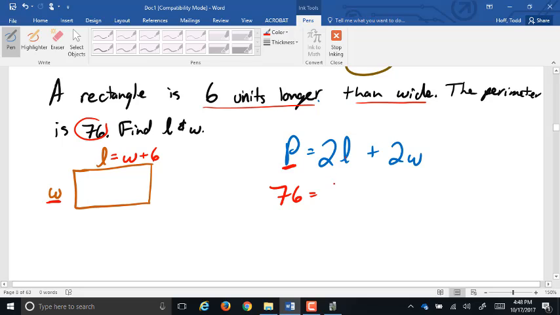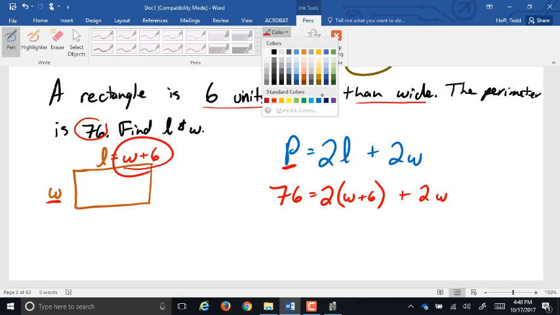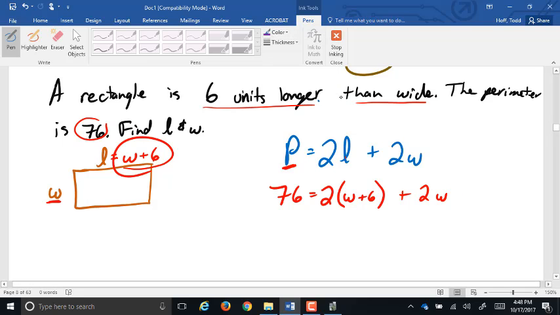So then over here, 2L, 2 times L, is going to be 2 times W plus 6, plus 2 times the width. Now we have to solve this.